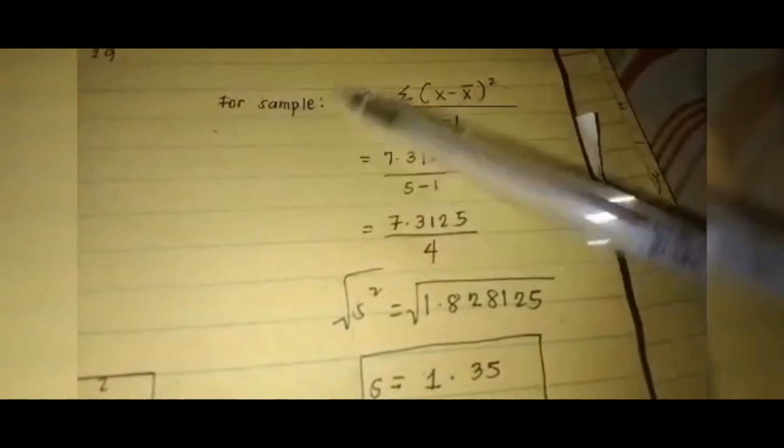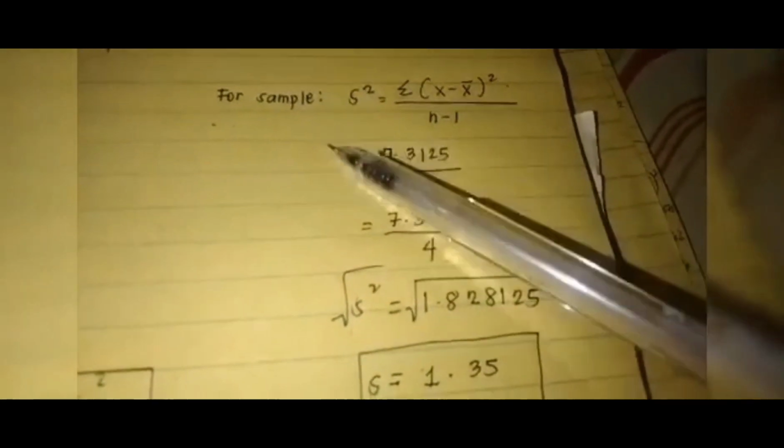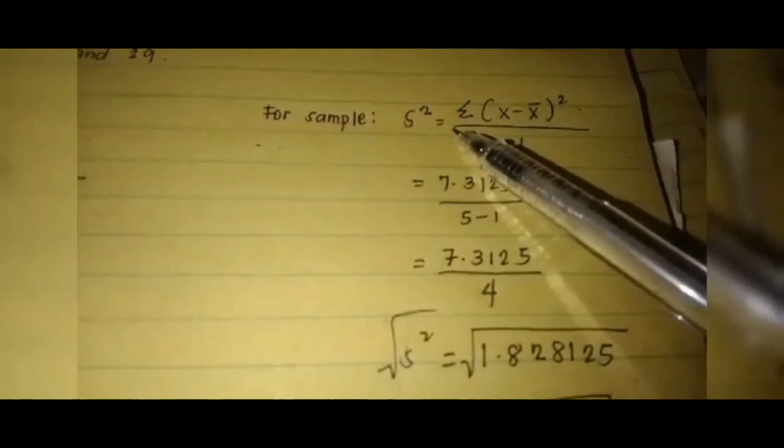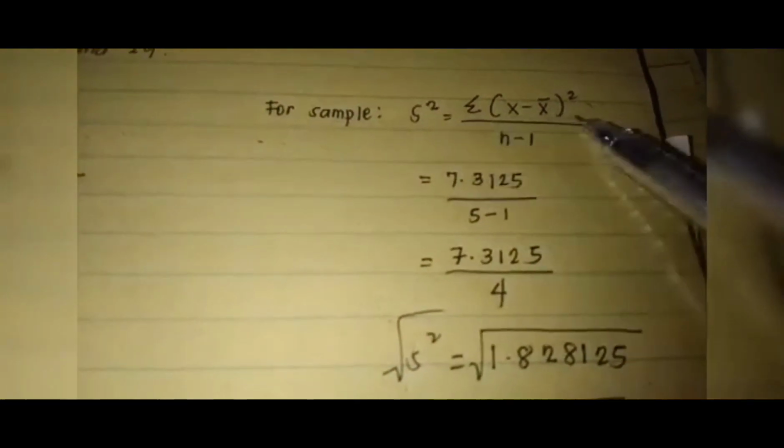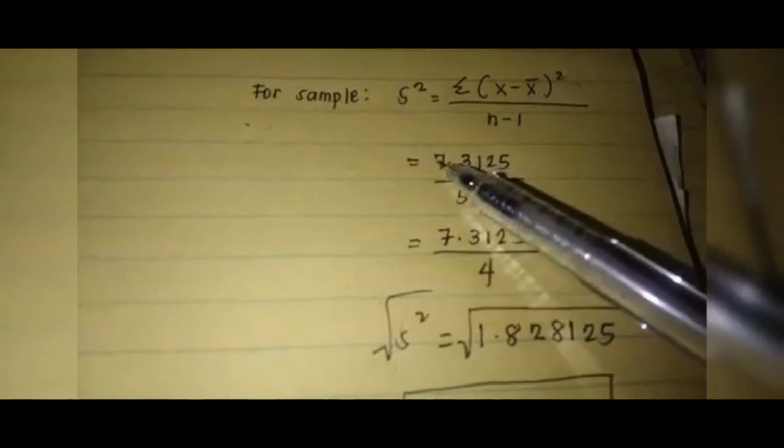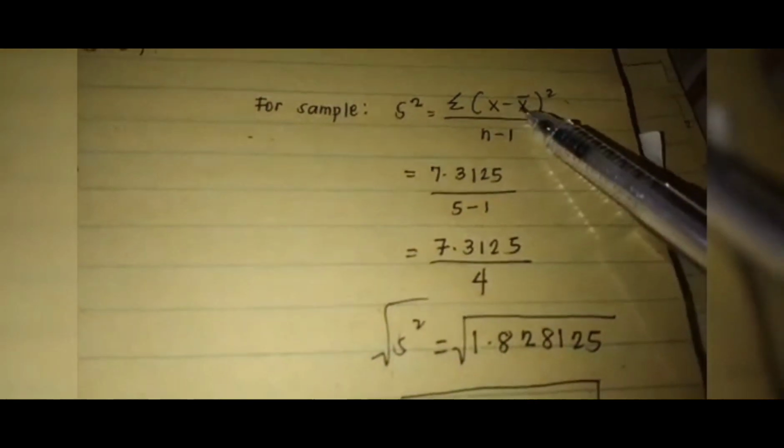So now, since we already got our mean and its table, we will go now to getting the sample variance. This is the formula: s squared is equal to the summation of x minus mean squared over n minus 1. Our x minus mean squared here is the total of this column, which is 7.3125.